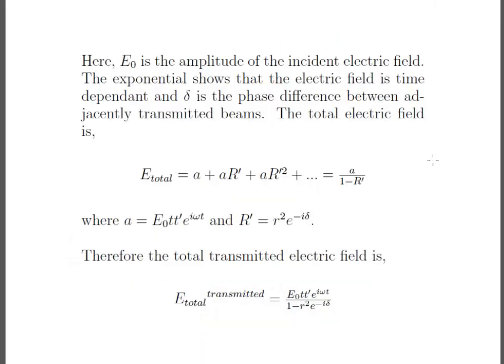Here E0 is the amplitude of the incident electric field, the exponential shows that the electric field is time dependent, and delta is the phase difference between the adjacently transmitted beams.